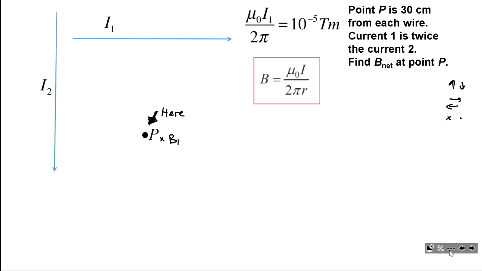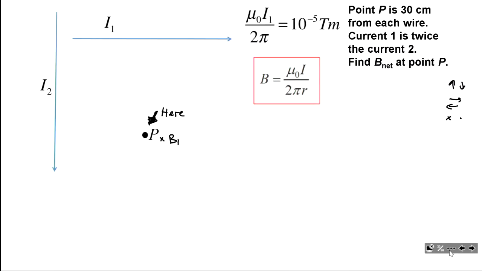So that's B1. What about B2? What do you think? Yes, out of the screen.